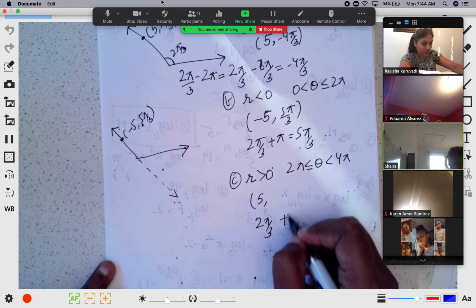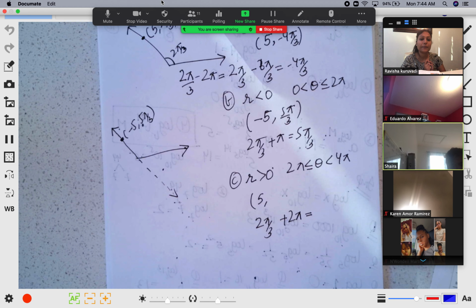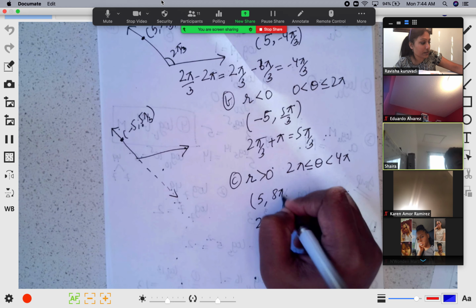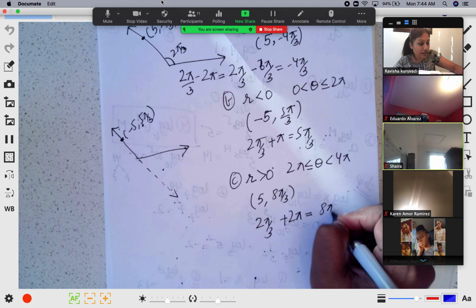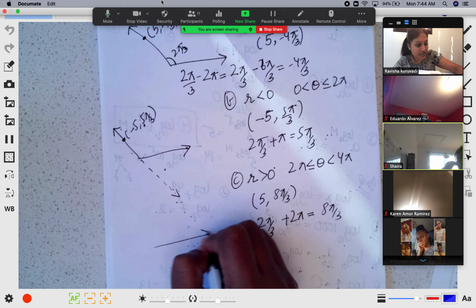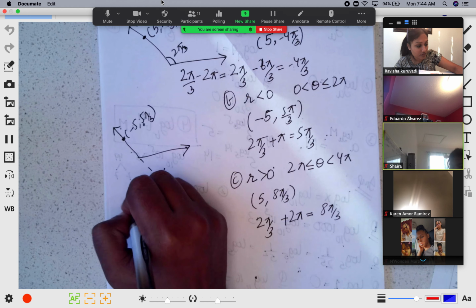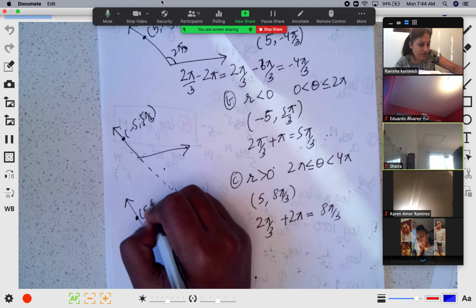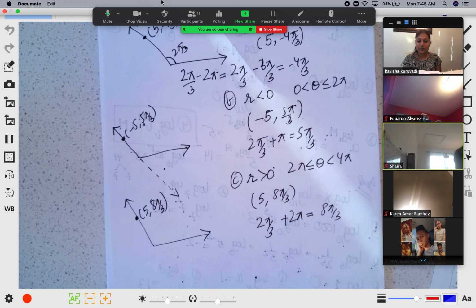What do you get? 8 pi over 3, yes. Again, from this point you will get the same point here, but now the coordinate will be (5, 8 pi over 3). Correct. Any problem with this example? Anyone?